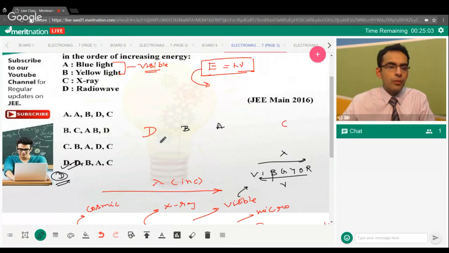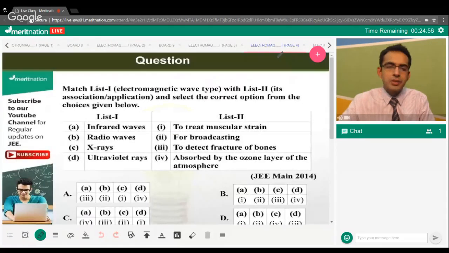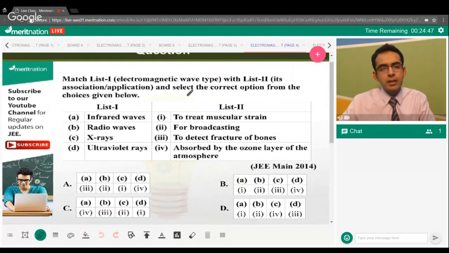Let's move forward now to the next question. This question is based on the uses, so you have to remember them. This one is a very simple question. Match list 1, electromagnetic wave type, with list 2, its application, and select the correct option from the choices given below. Radio waves are used for broadcasting. Ultraviolet rays are absorbed by the ozone layer.